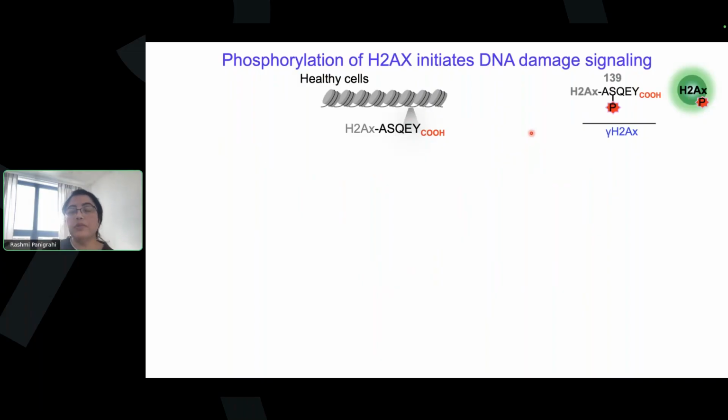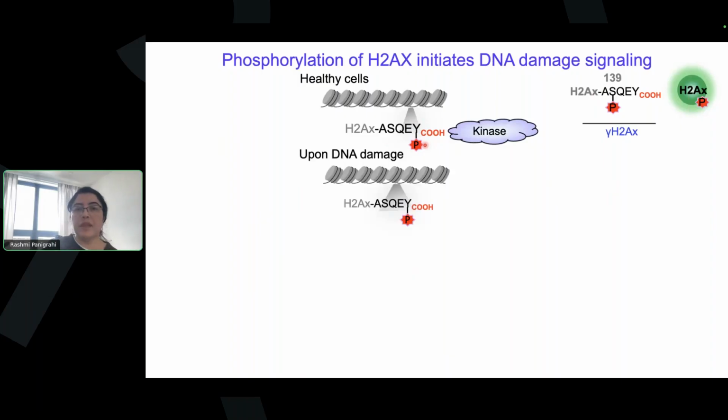Now, at a more molecular level, this is the C-terminal of the H2AX histone, wherein serine 139 is the site that gets phosphorylated to form gamma H2AX. In healthy cells, the terminal tyrosine of the H2AX variant is basally phosphorylated by a particular kinase. Upon DNA damage, serine 139 gets phosphorylated.